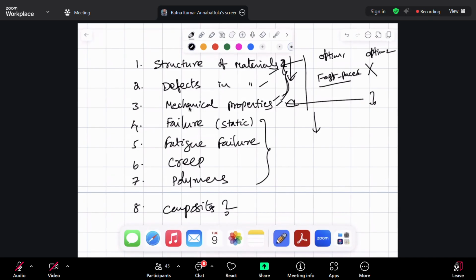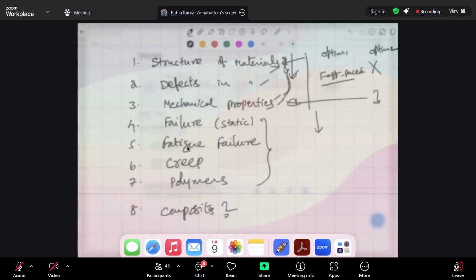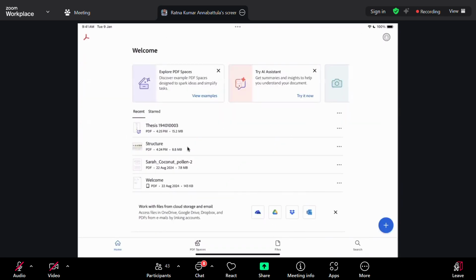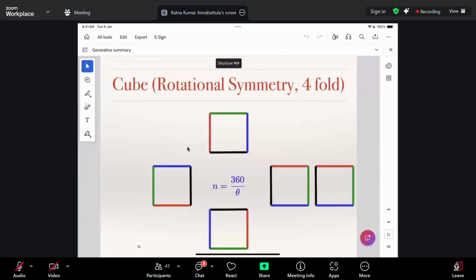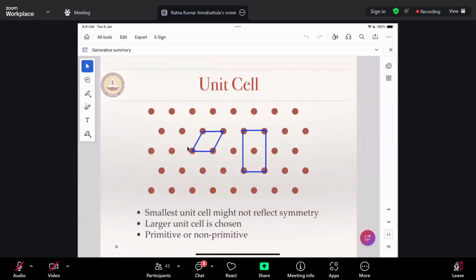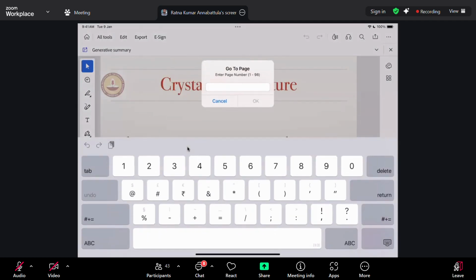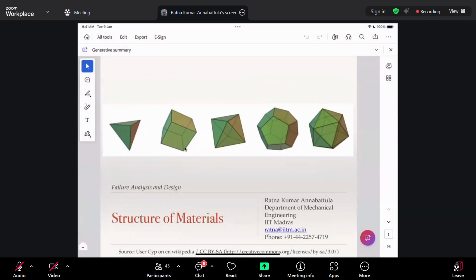We can proceed. So you're able to see my screen?